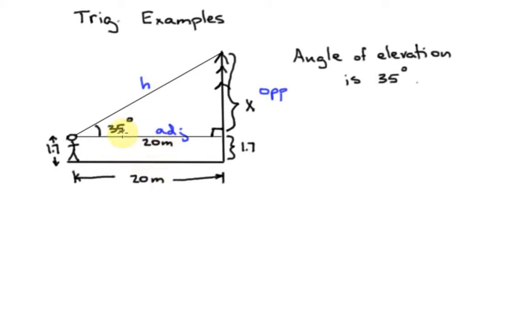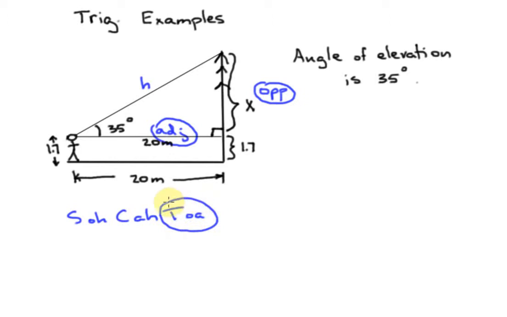Now I've got to figure out which trig function is going to help me find the opposite, and I know the adjacent. So I'm going to think of SOHCAHTOA here. I'm looking for the one that uses opposite and adjacent. There it is. It's going to be tangent.